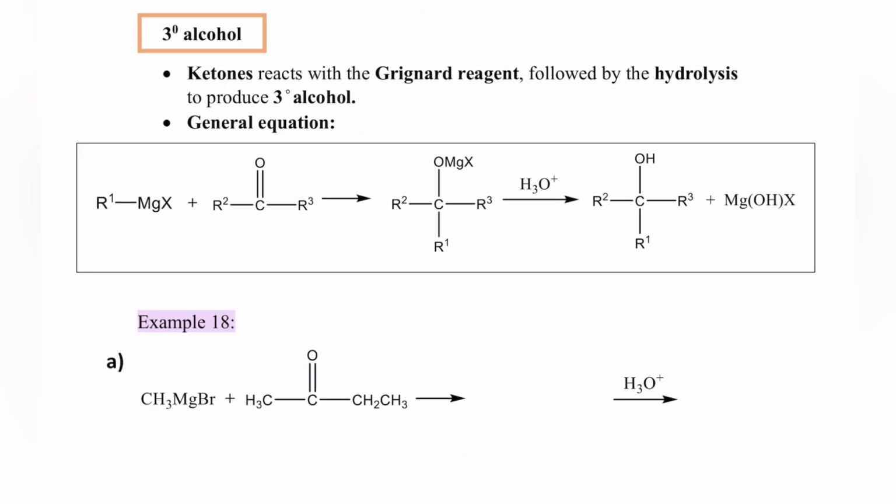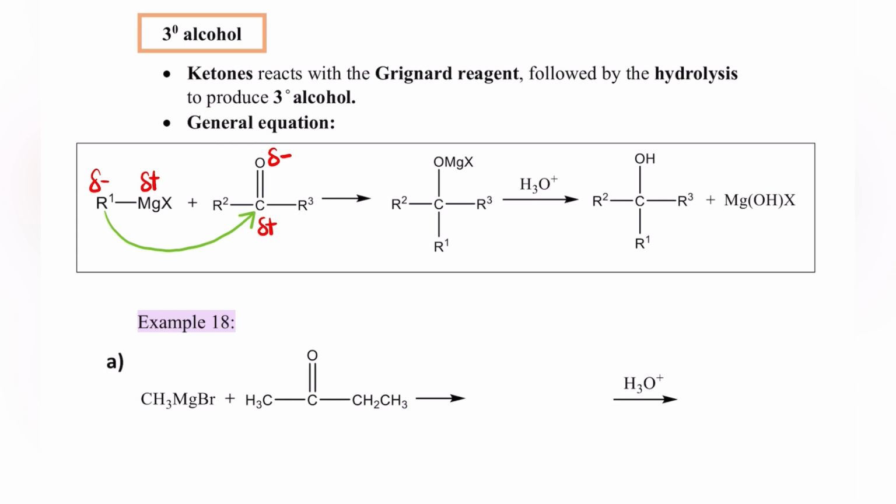Next we go for tertiary alcohol. Tertiary alcohol apabila Grignard reagent reacts with ketone to produce tertiary alcohol. So what you have here masih lagi konsep yang sama. Identify electropositive dan electronegative. And then awak akan attack daripada electronegative carbon from Grignard reagent pergi kepada carbonyl carbon in your ketone.